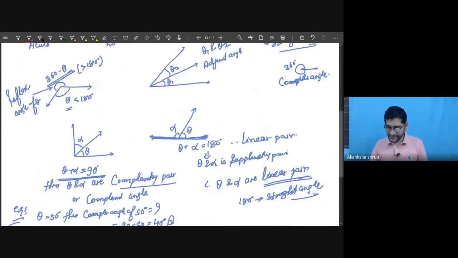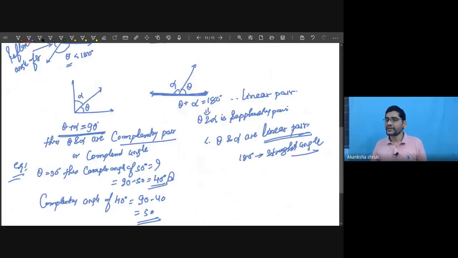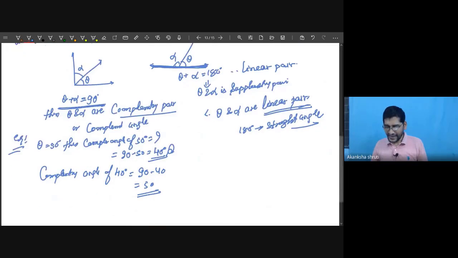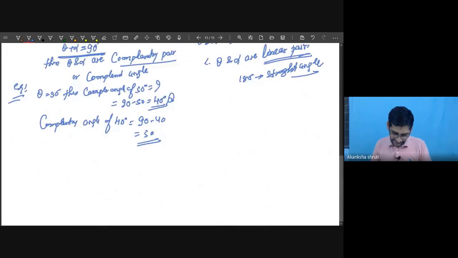So these are the things related to our angle. Another thing that we have learned: let us consider an angle at O, OA and OB. Let this angle be theta, and we are asked to find an angle bisector.